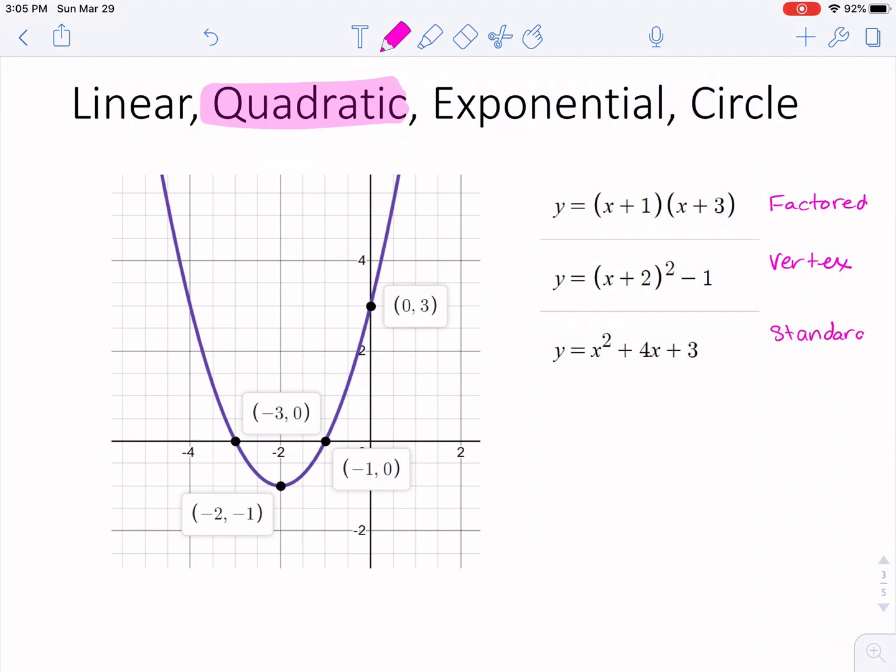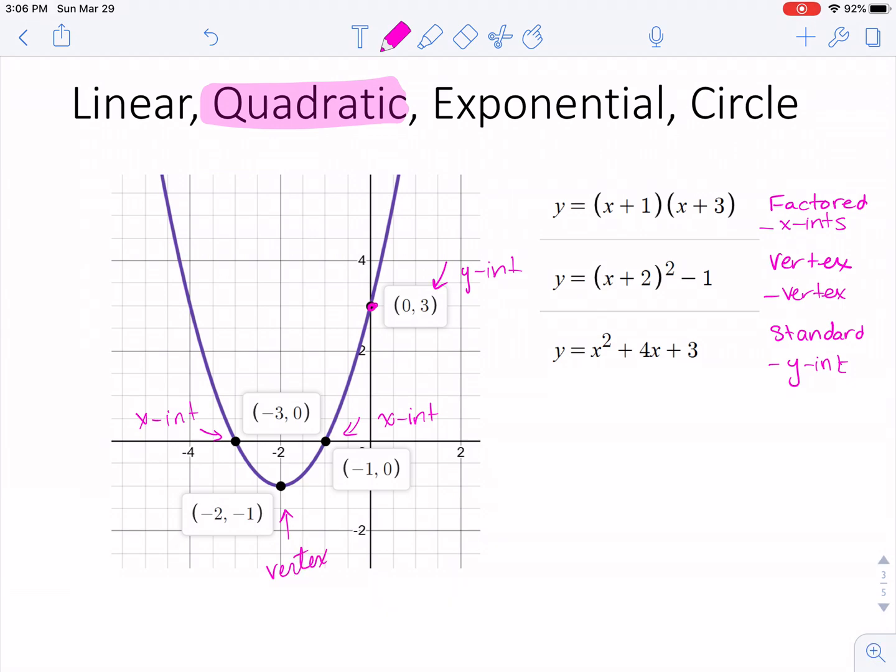We've reviewed these, but factored form gives you x-intercepts, vertex form gives you the vertex, and standard form gives you the y-intercept. So you can see the y-intercept there, one of your x-intercepts, the other x-intercept, and your vertex.